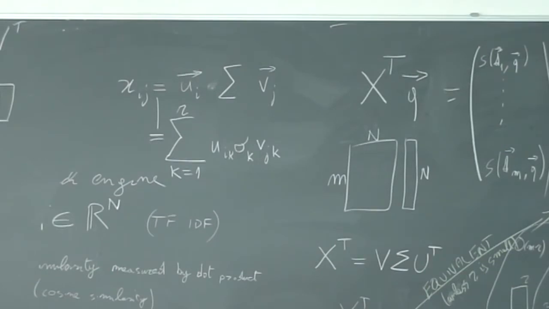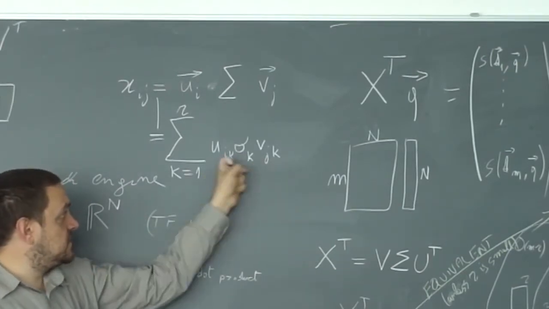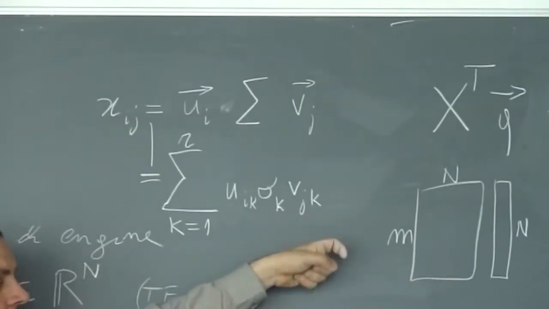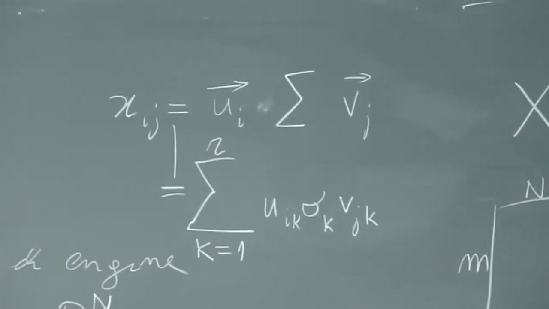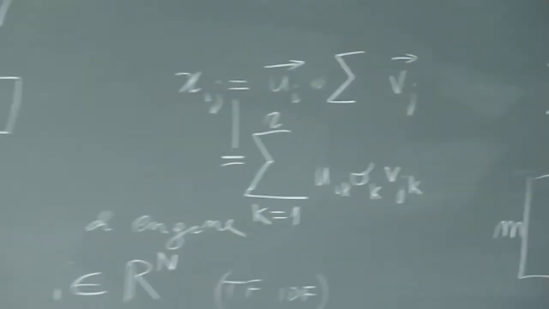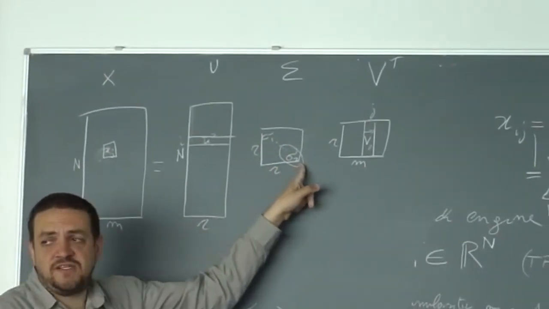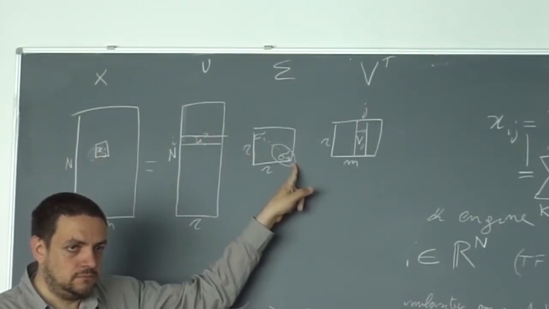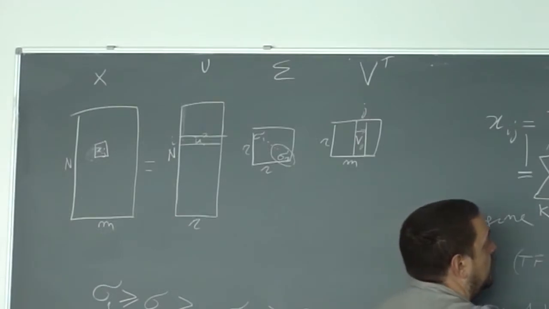But this gives us a measure of the importance of each of these u_ik and v_jk elements of the matrices U and V. Suppose that the last elements of this matrix sigma are very small.